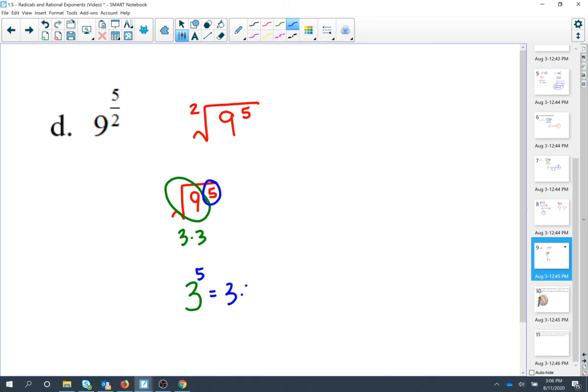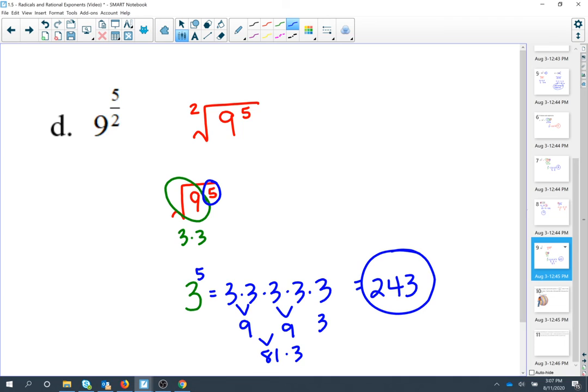So 3 times 3 times 3 times 3 times 3 is 9 times 9 times 3, which is 81 times 3, which I think is 243, but I'm going to check. 81 times 3 is 243. So final answer, 243.